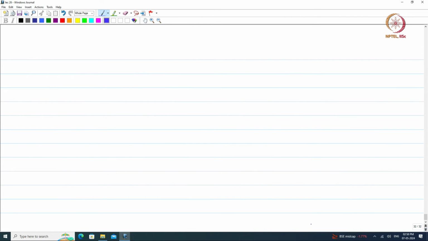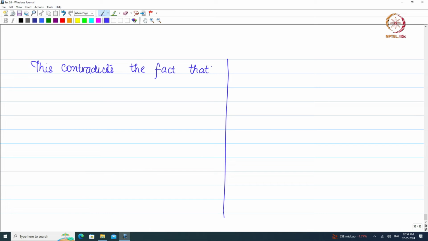Therefore, this contradicts the fact that u1, u2, etc. un are linearly independent, but we have already taken them to be linearly independent.